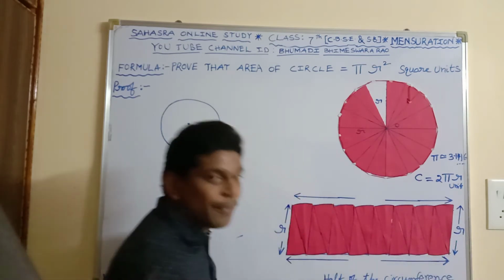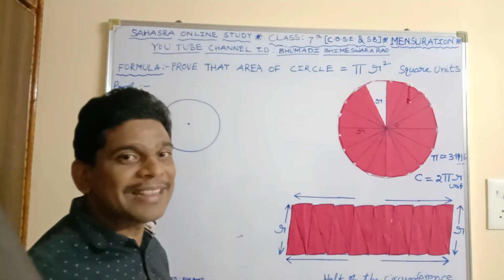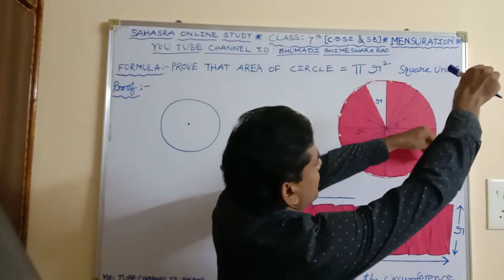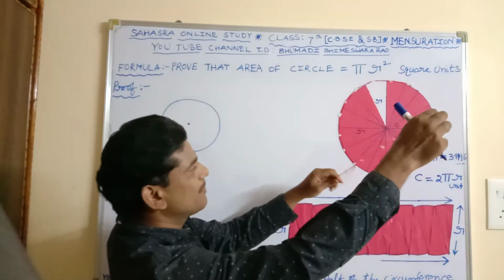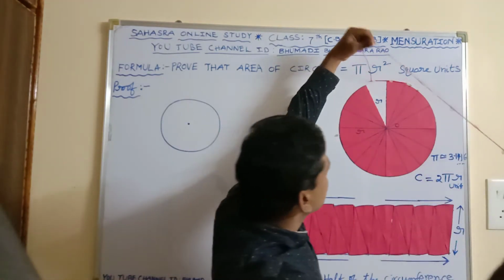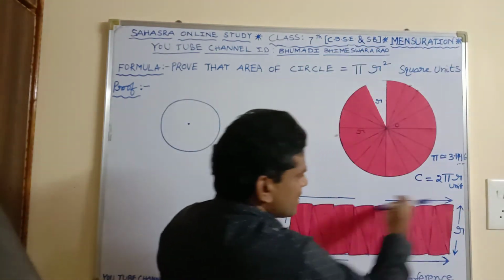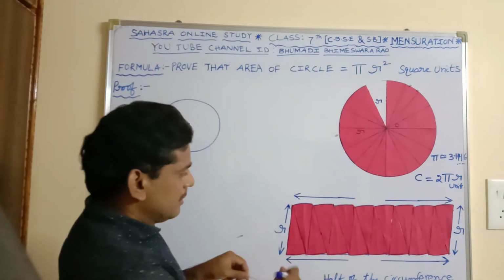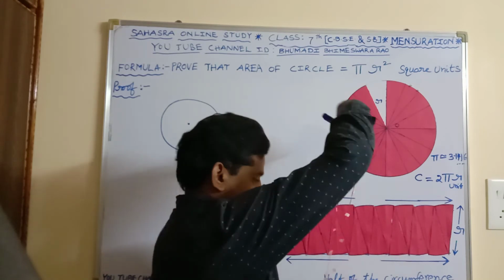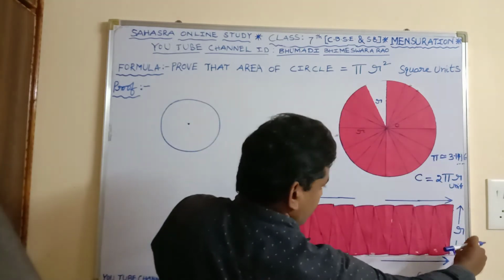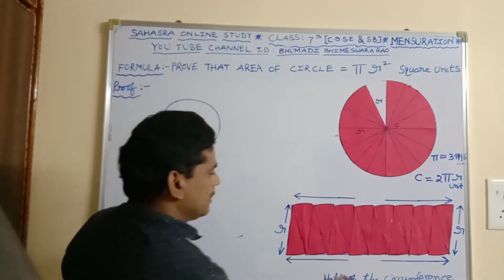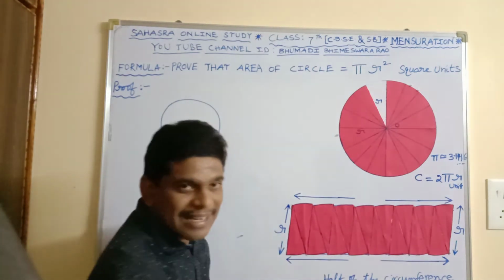What about the length? This is the circumference of the circle, the length of the circle, and this length we arranged in this shape. So the length is half of the circumference.